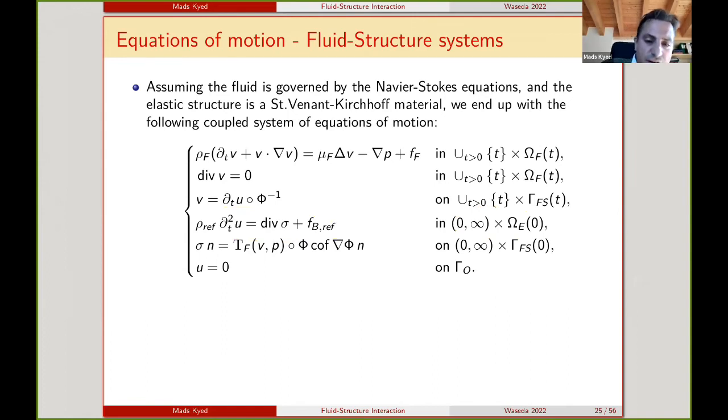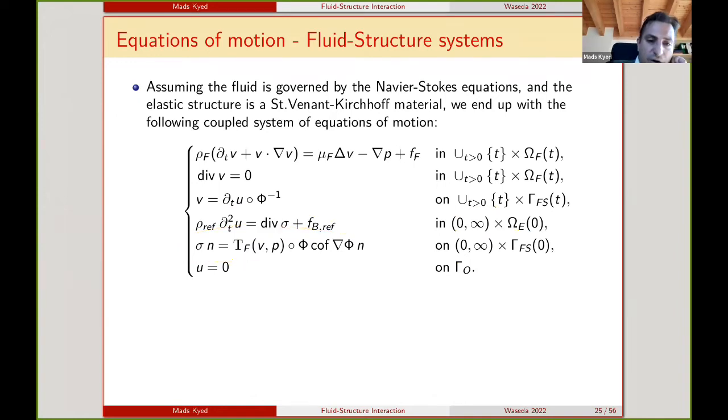Okay, and finally, we have the balance of forces also on the fluid structure boundary. Here I've written the balance of forces in the reference configuration also. Of course, any of these equations you can go between current configuration and reference configuration if you like.